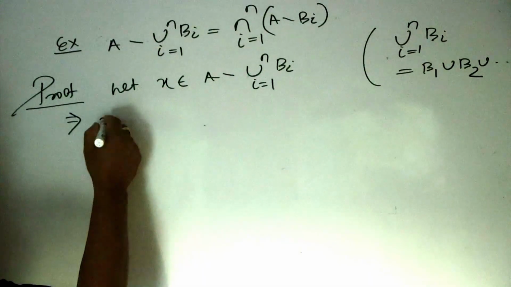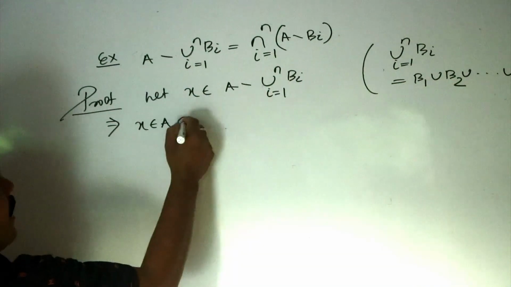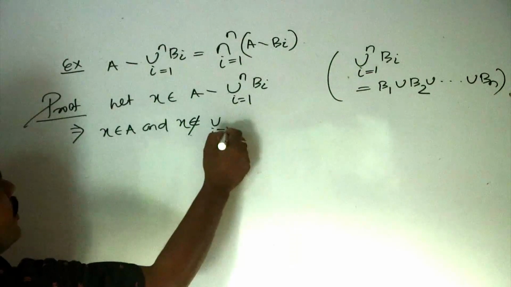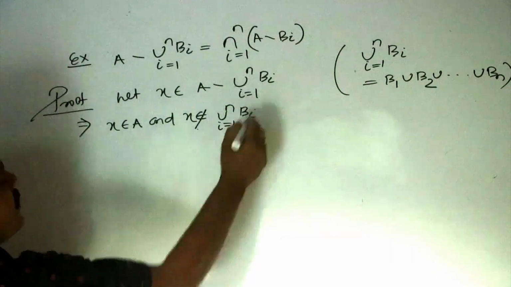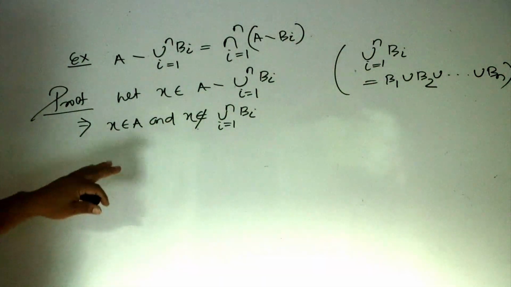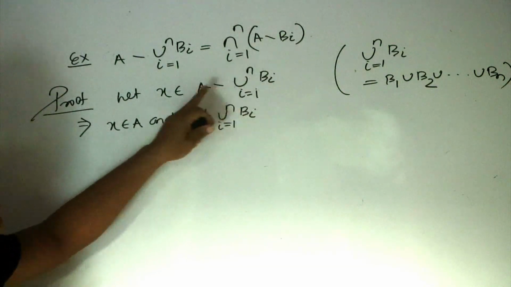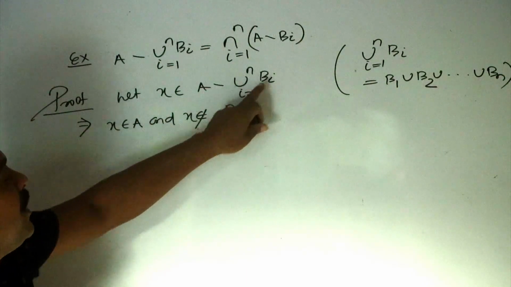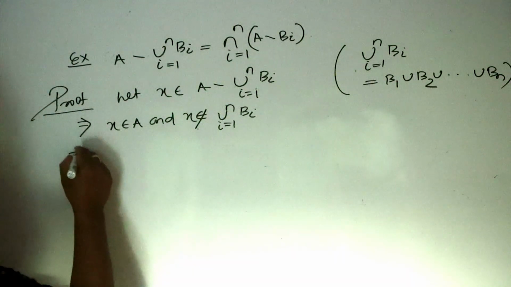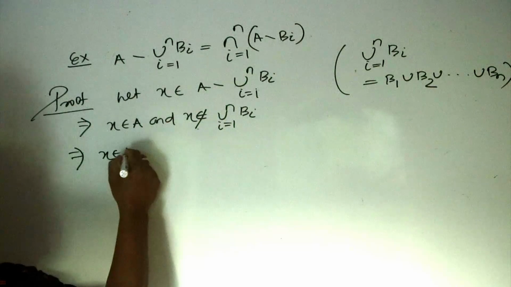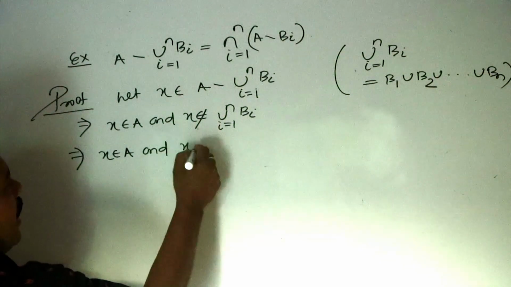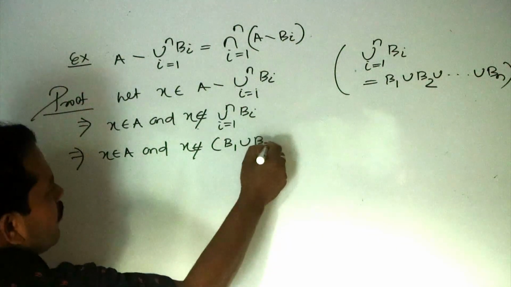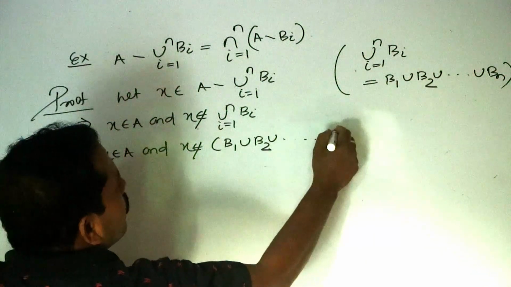This implies X belongs to A and X does not belong to union i from 1 to n Bi. Same argument, A difference B means X is an element of A and X is not an element of B. This implies X belongs to A and X does not belong to B1 union B2 union Bn.